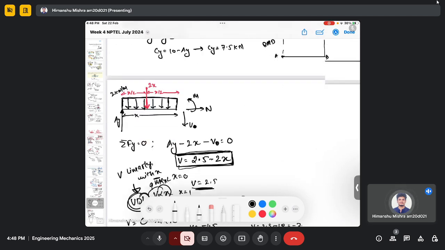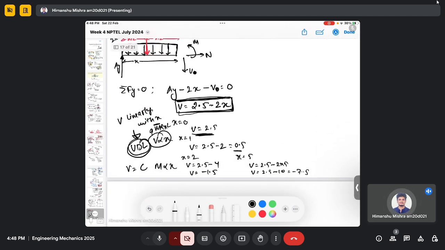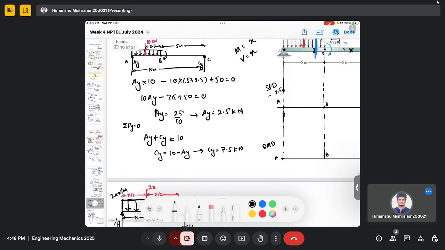Then at x equals 1, we got 0.5, which means, let's say this is my x equals 1 and it is somewhere here, 0.5. So this will be like this, somewhere, something like, it will look like this. So this is the magnitude or SFD.